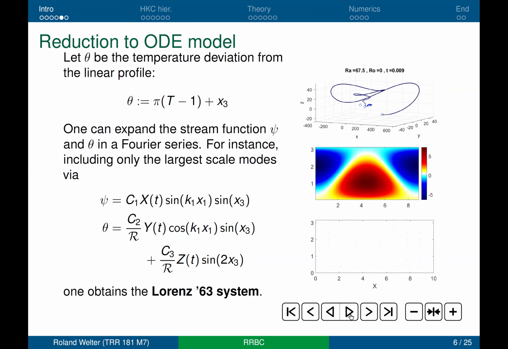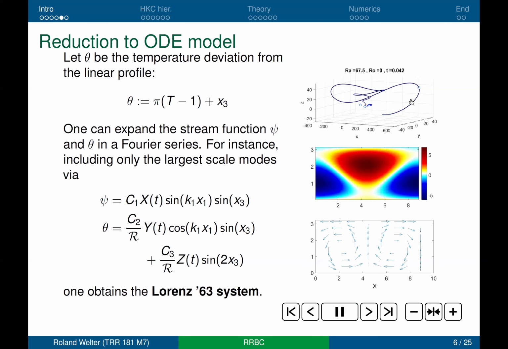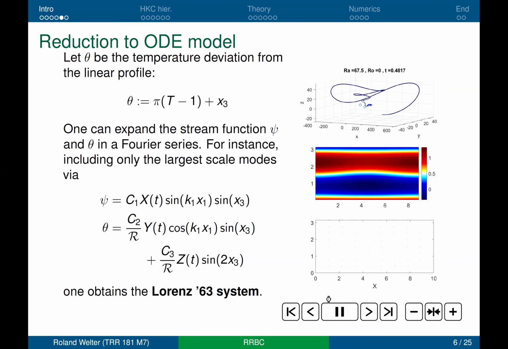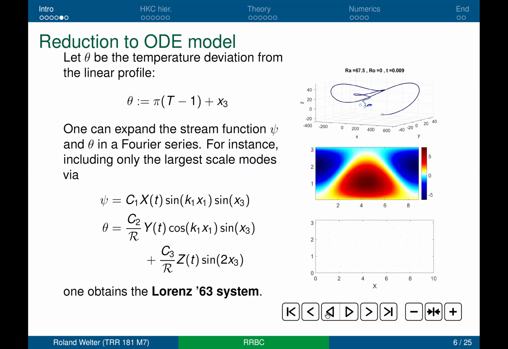To give you a feeling for what's going on here, I've plotted the temperature profile in this colored graph, and the velocity profile. If we look at a simulation of this model, then as you move along the trajectory, the fluid flows around, and you're only seeing these large convection rolls, the largest scale motion of the PDE.